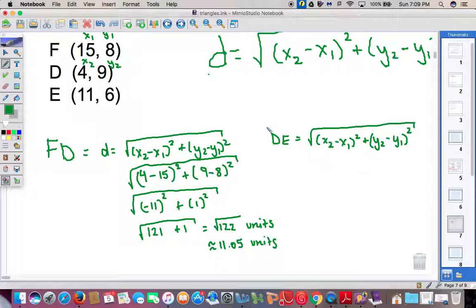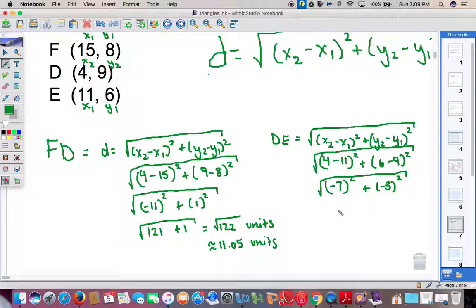Okay, the next distance I'm going to find is between D and E. So let's let E be my x1, y1, and D is my x2, y2. So I have 4 minus 11 squared plus 6 minus 9 squared. 4 minus 11 is a negative 7, so negative 7 squared, and 6 minus 9 is a negative 3 squared.